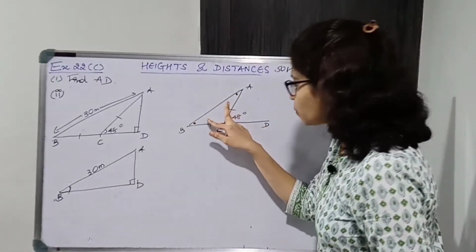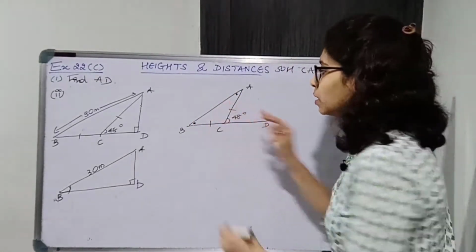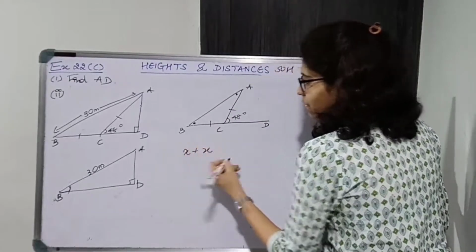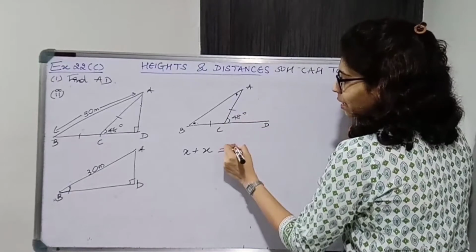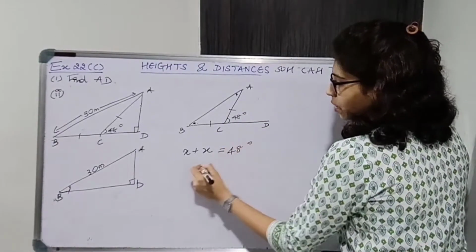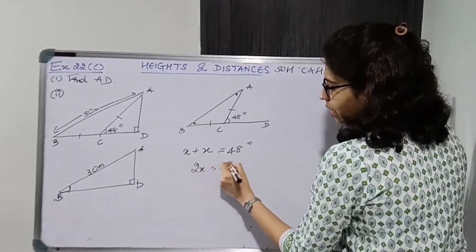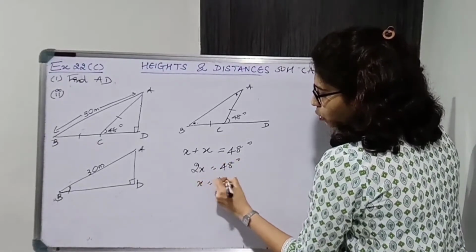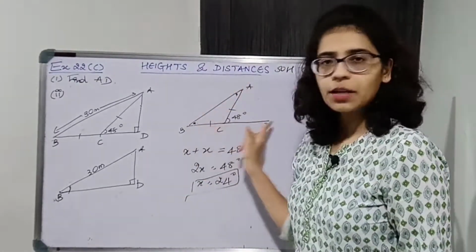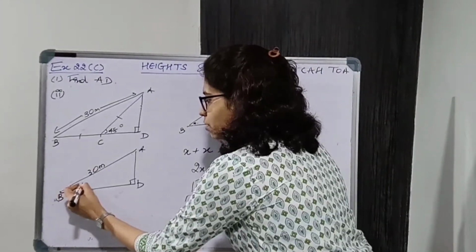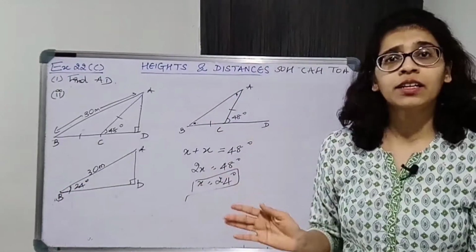So basically these two interior opposite angles are equal. So let's say this is x, this is x, so x plus x is equal to the exterior angle, that is 48 degrees. So 2x is equal to 48, that is x is equal to 24. Okay, so ABC is nothing but ABD, so ये easily मिल जाएगा using the exterior angle property.